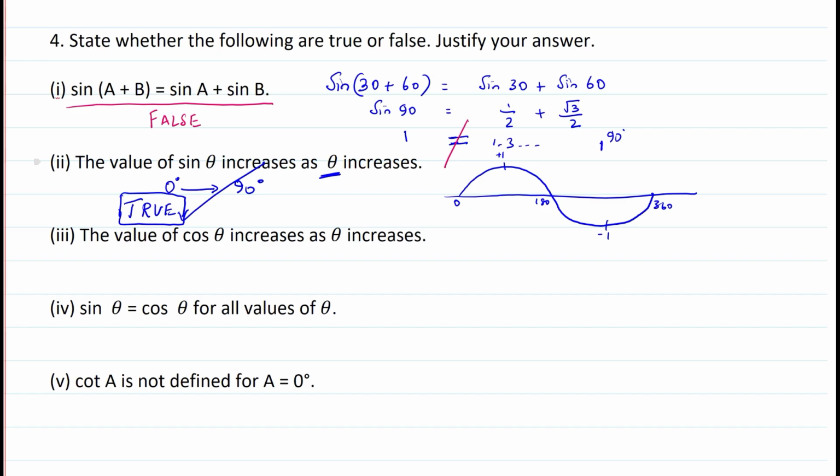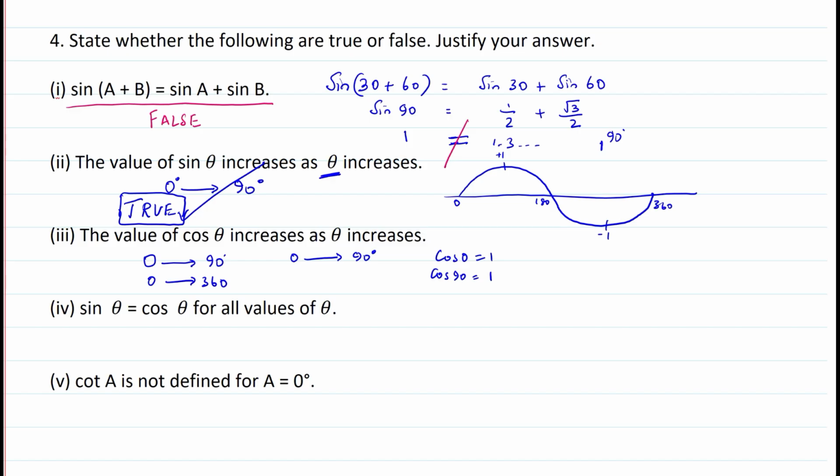The next statement is: the value of cos theta increases as theta increases. See, cos theta also has an oscillating pattern, but they have not given any range for theta, whether it's 0 to 90 or 0 to 360 degrees. But when we take 0 to 90, cos 0 is 1 and cos 90 is 0.